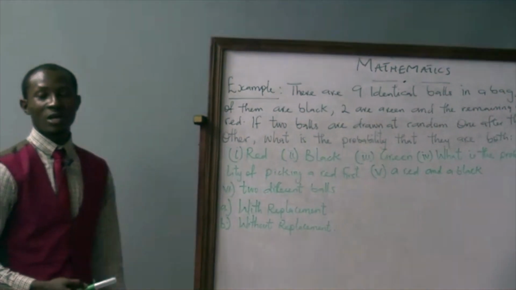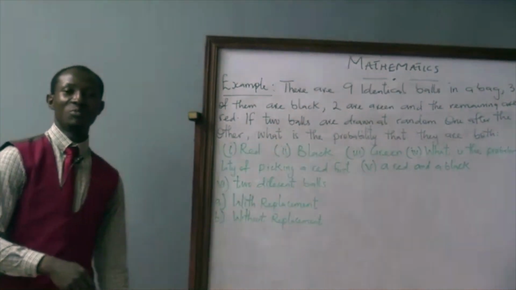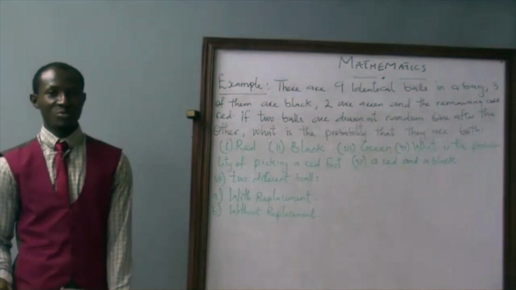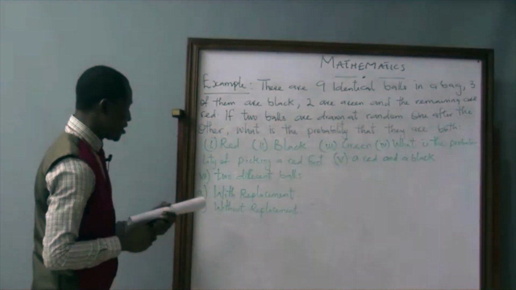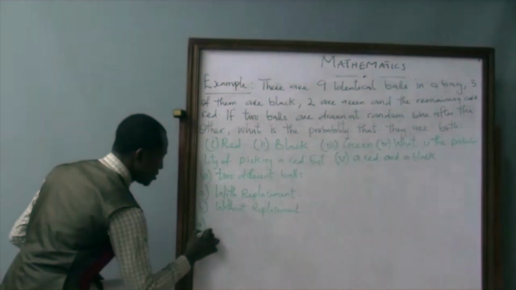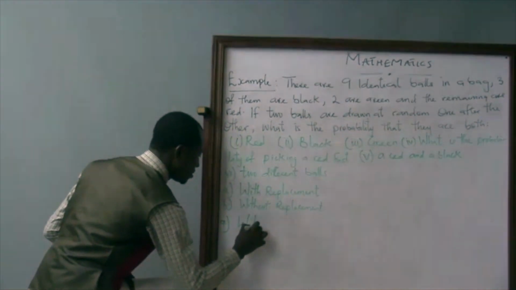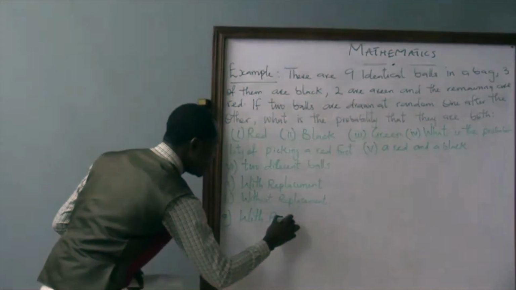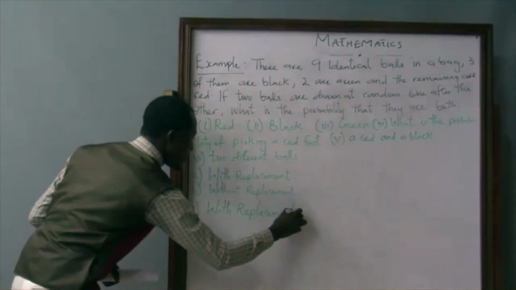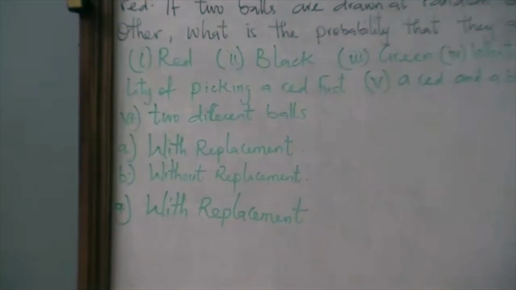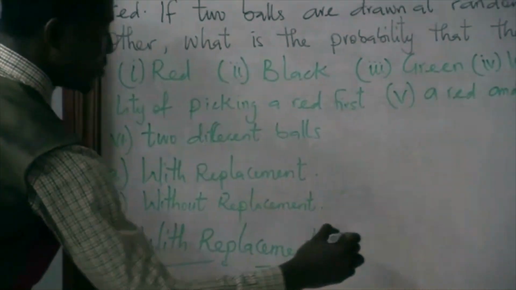Such questions can come either with replacement or without replacement. So if we want to answer this whole question, we'll take A first, with replacement. Everything I'm going to do here will be with replacement.